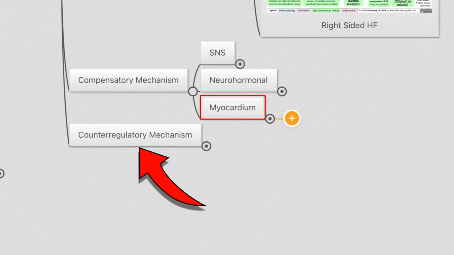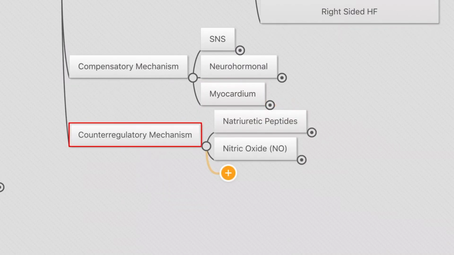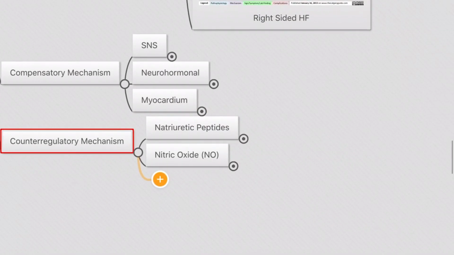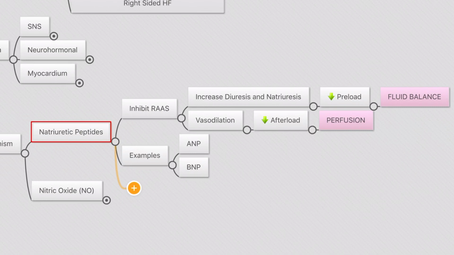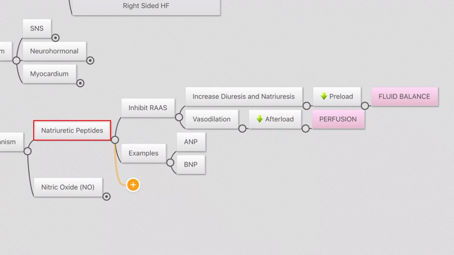Now we're going to look at the counter-regulatory mechanisms, which are good mechanisms to have for heart failure. First is the natriuretic peptides. The natriuretic peptides inhibit the RAS system, so when it inhibits the RAS system, it's going to increase diuresis and natriuresis. Natriuresis is basically removing of sodium and water.